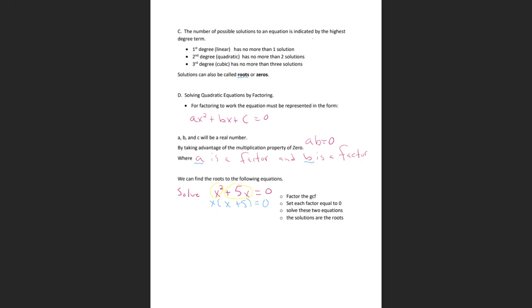Once it's factored, what we do is we set each factor equal to 0. So we're going to set x equal to 0, and we're going to set x plus 5 equal to 0. And we're going to just solve these two equations. Notice how x equals 0 is already solved. To solve the second one, if you want, you can use the property of equality.